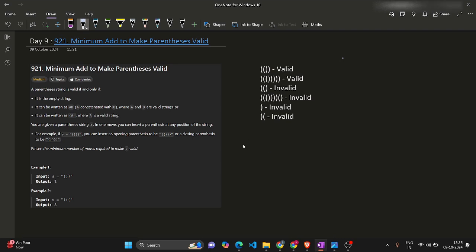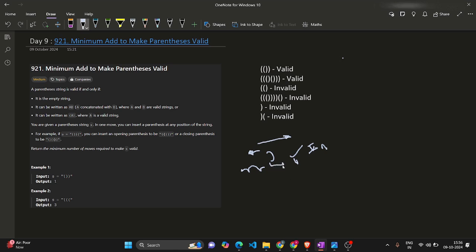Let's see at what point we can say we have an invalid parenthesis string. If we are moving from left to right, and at any point we find a closing parenthesis and we are not able to find any opening parenthesis on the left of it, then for sure it will be invalid.